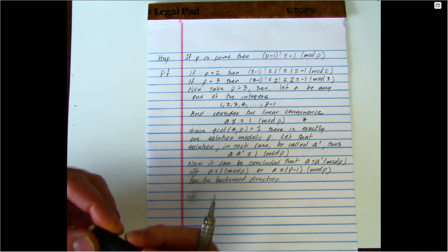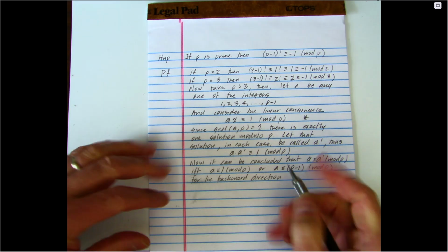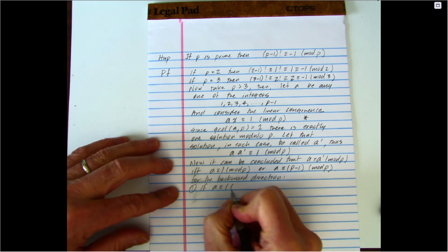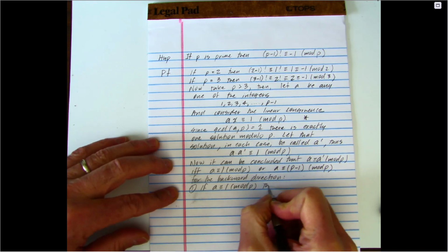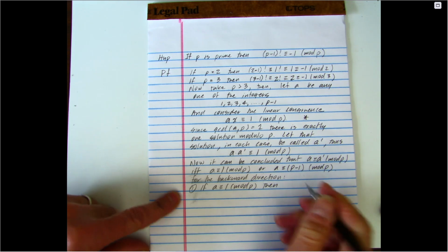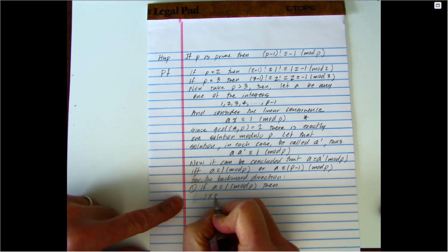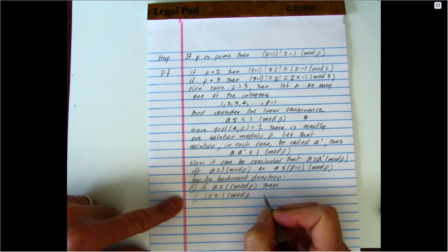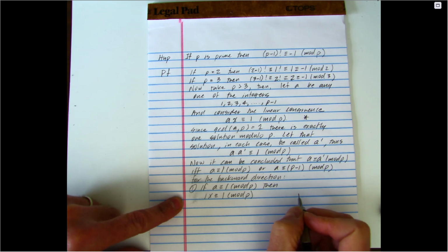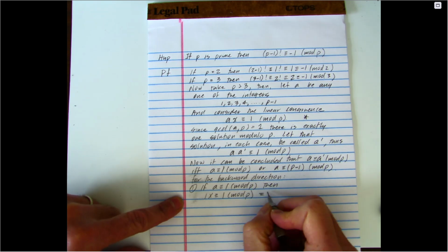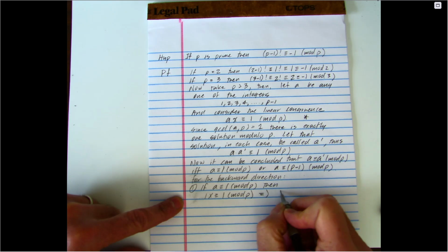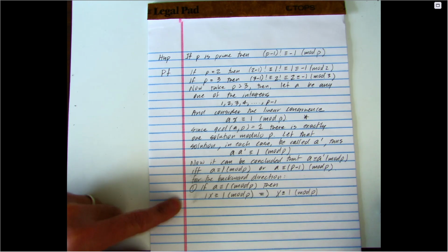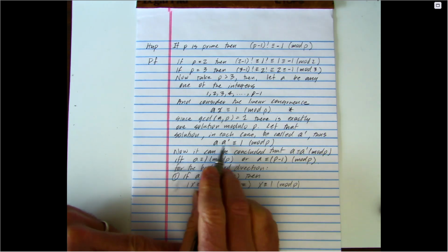Shoot, my eraser's given out. So number 1, if A is congruent to 1 mod P, then what we're trying to solve is 1x congruent to 1 mod P. Well, it's pretty easy to see that this implies that x is congruent to 1 mod P. And when x is congruent to 1, that's the solution up here.